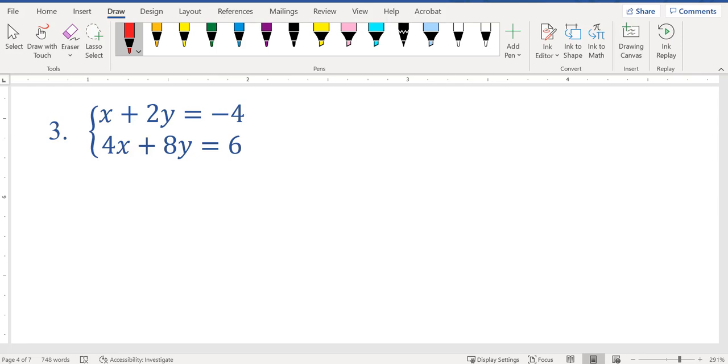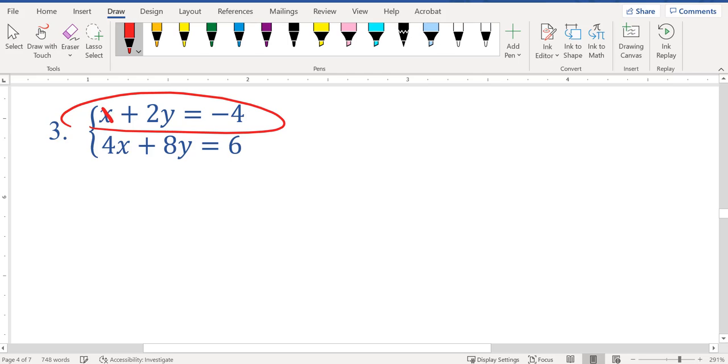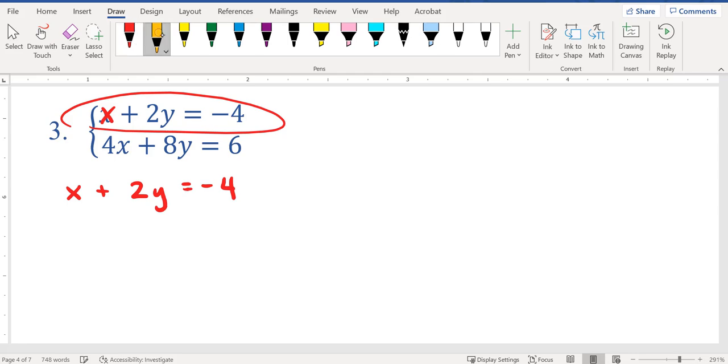Last example. On this one, if I use the first equation, do you see how you can get x by itself pretty easily? So I start with x plus 2y equals negative 4. If I subtract 2y from both sides, I'm left with x equals negative 2y minus 4.